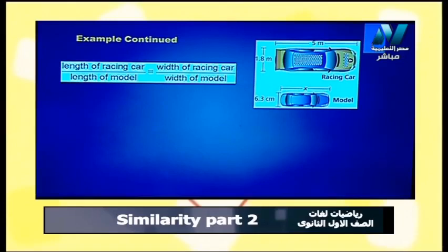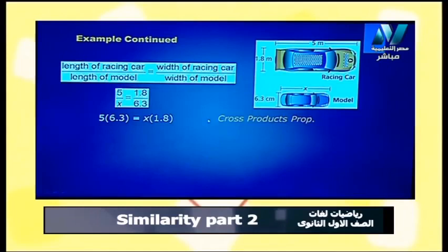Let's go to the next slide. We have the same two cars. We have an equal ratio here because of similarity. Length of racing car over length of model equals width of racing car over width of model. So we put 5 over x equals 1.8 over 6.3. We use the cross product: 5 multiplied by 6.3 equals x multiplied by 1.8.